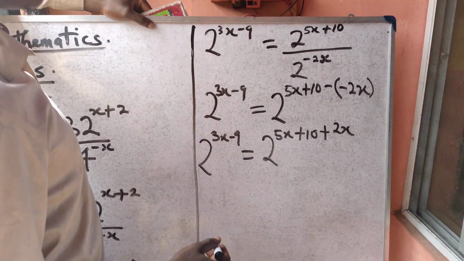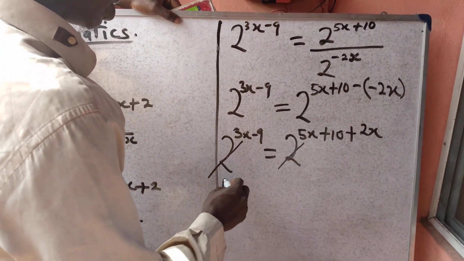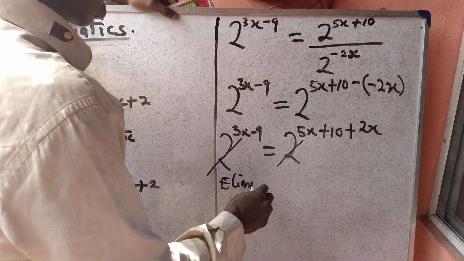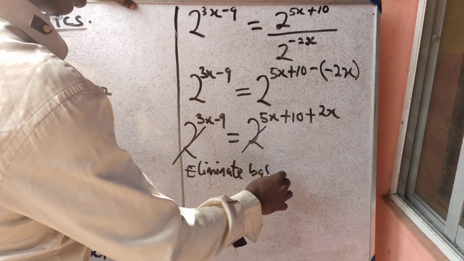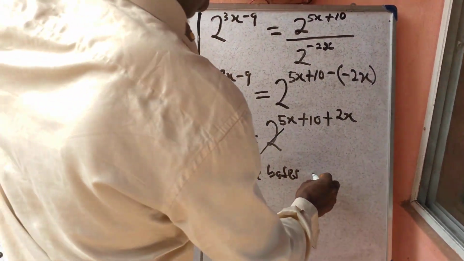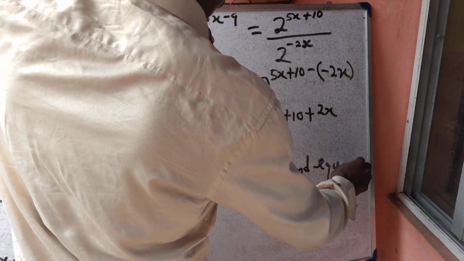Now eliminate the bases and equate powers. That is, eliminate bases and equate the powers.